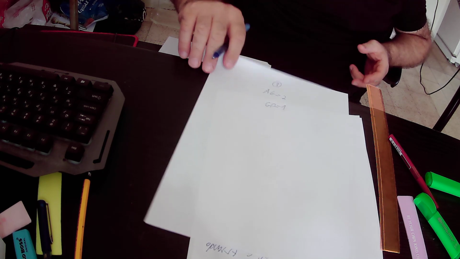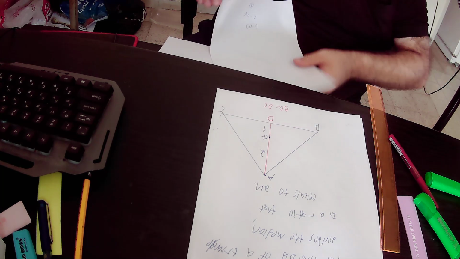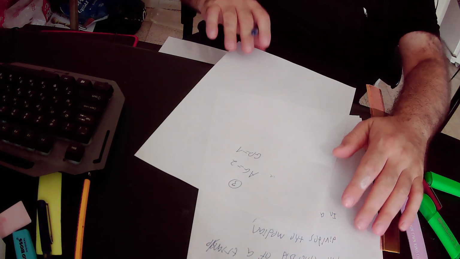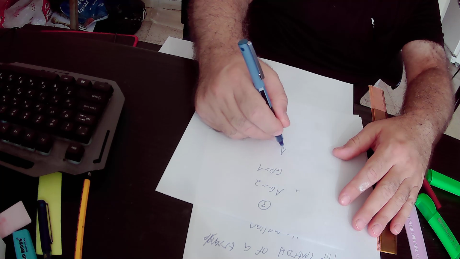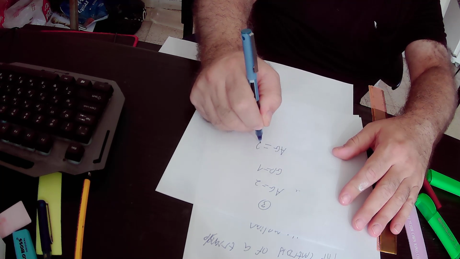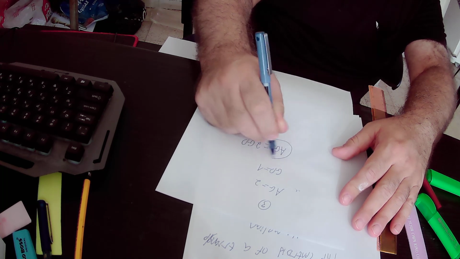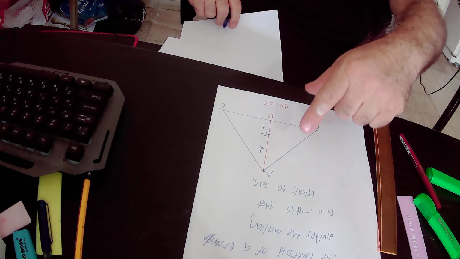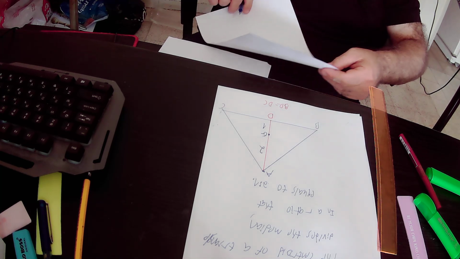That is to say, AG is twice as large as GD. AG equals 2 times GD.